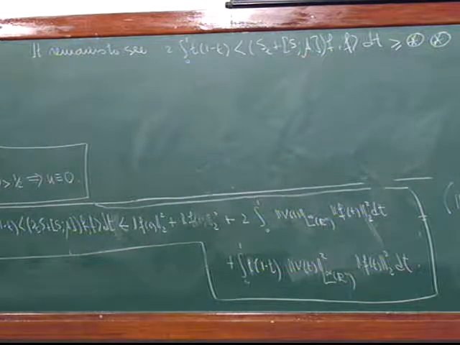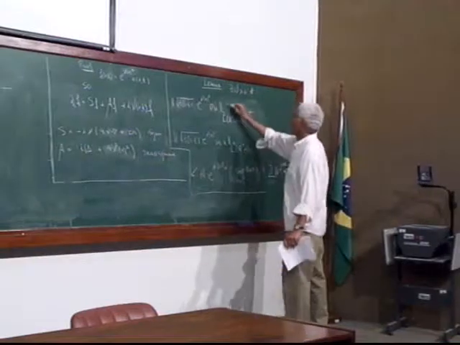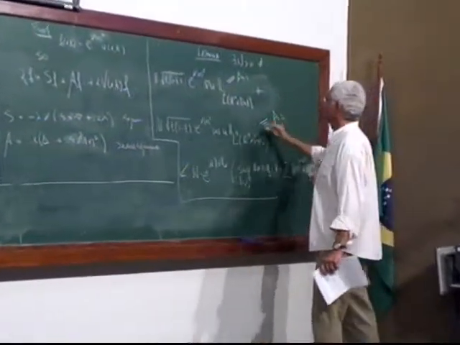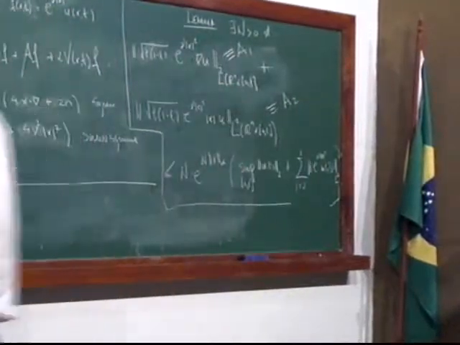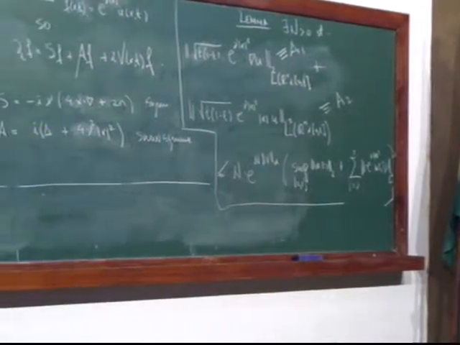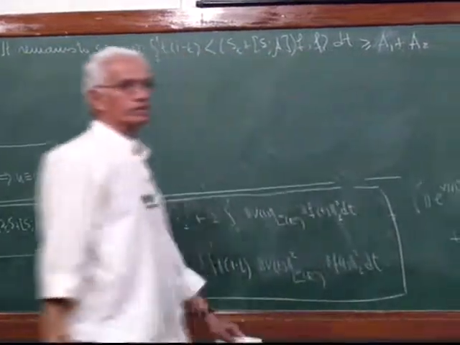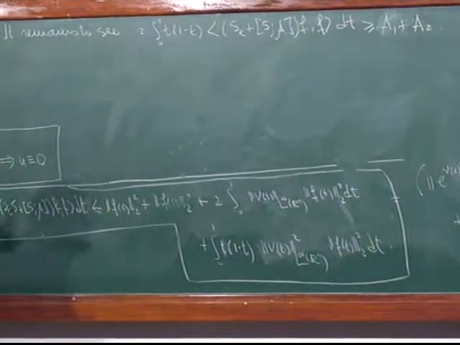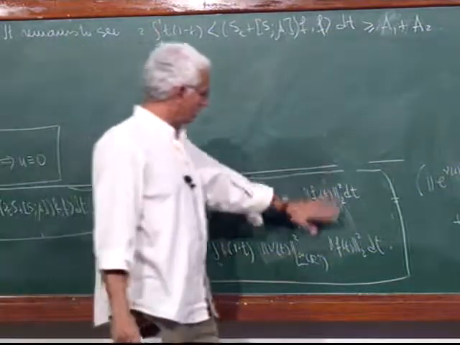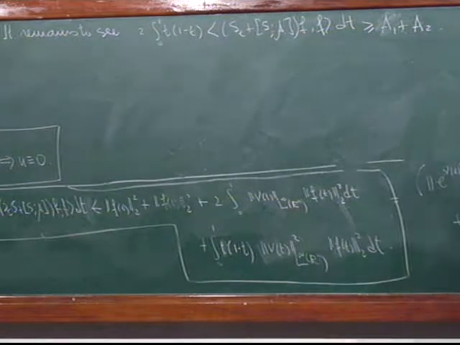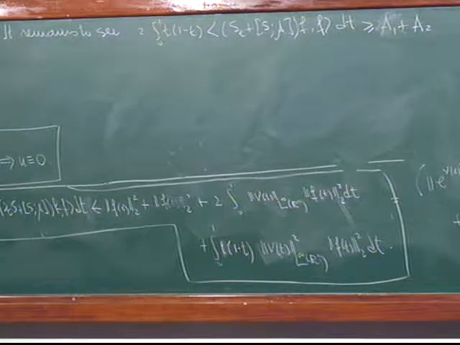This plus this is, let's call this one A1, this one A2. This is larger than A1, A2. This is all that remains to prove. Are you with me? Because the left-hand side of this inequality is something that depends on the data. Okay. Any question up to now?